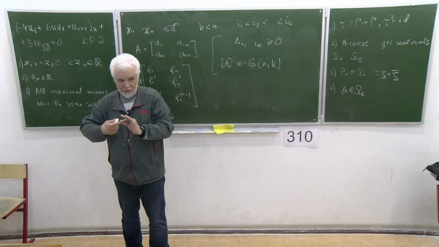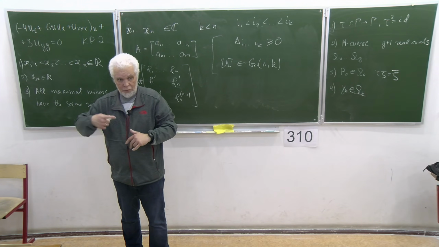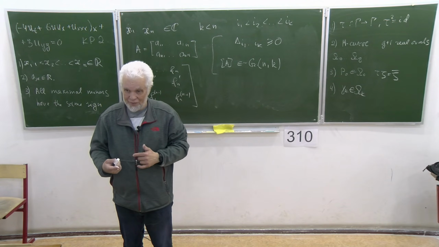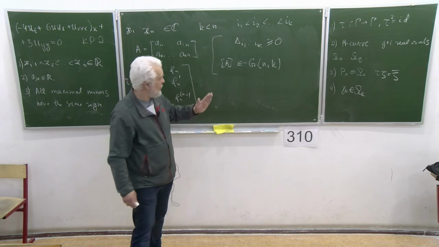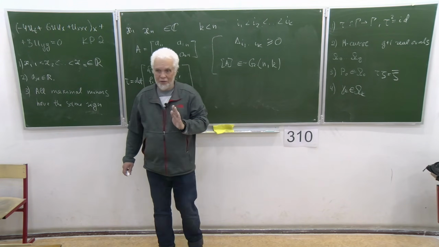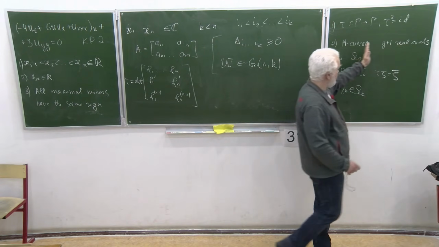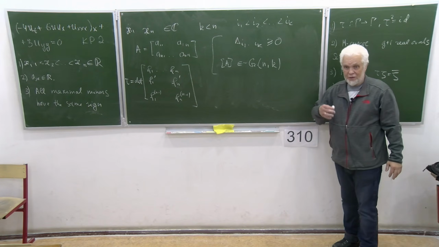So on one side, we have totally non-negative Grassmannians. On the other side, we have M-curves and their rational degeneration.